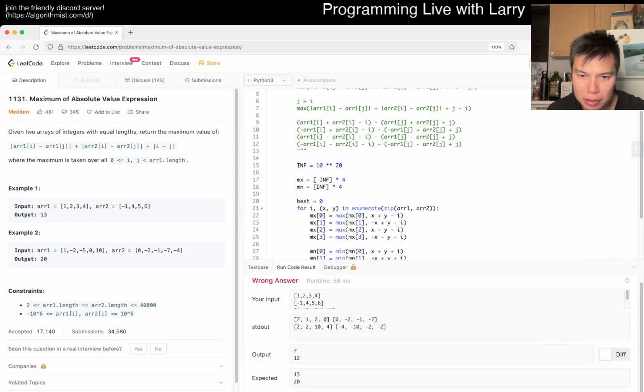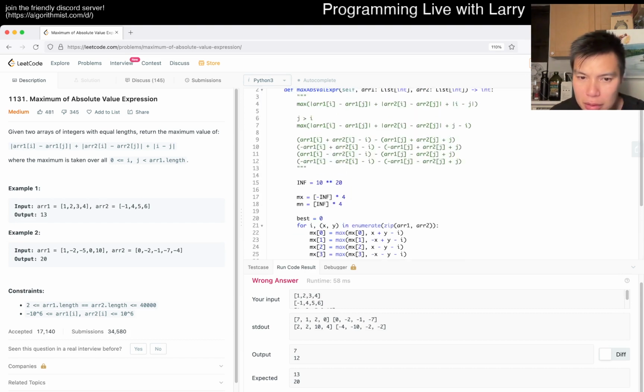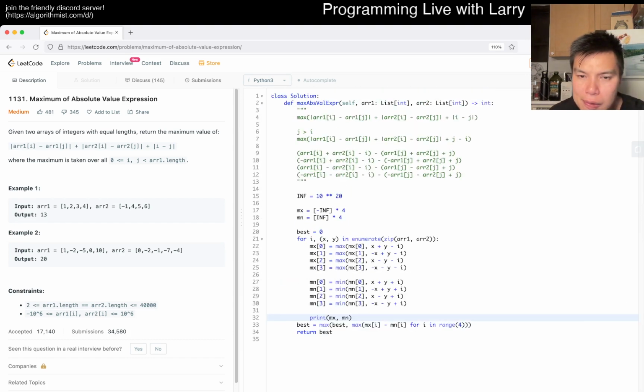Yeah, I mean that seems right, but is that not right? What am I missing? So we want to maximize this, and we want to minimize this. Did I mess up? This is very awkward, honestly.